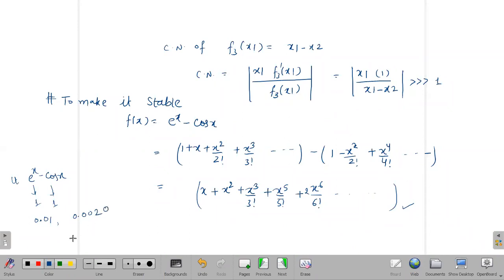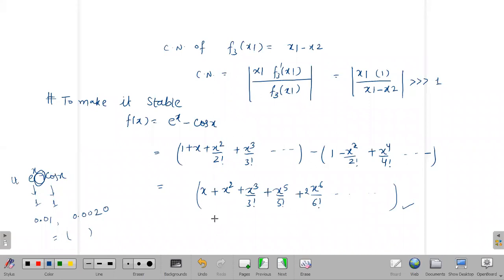Now if you find the number, any e raised to power 0.01 here, and this is also 0.002, in the output you will get the loss of significance here. You are subtracting two nearly equal numbers here. Okay. So that's why you have to remove this subtraction only, nothing else. Yes, nothing to do with the limits here, because we are not taking limits here.